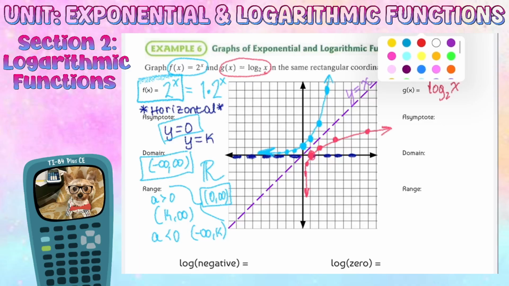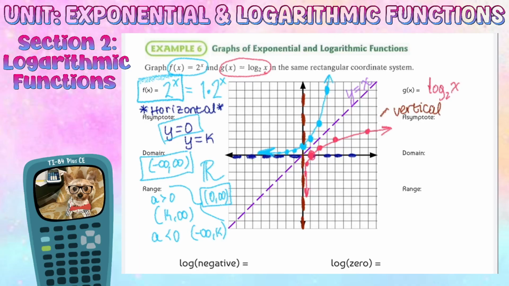What else are we looking at over here? Well, we also have a vertical asymptote, just the way we have a horizontal asymptote. Over here it is vertical, like California. The equation of all vertical lines is always x equals something. In this case, it's x equals 0. X equals 0 is basically the y-axis.